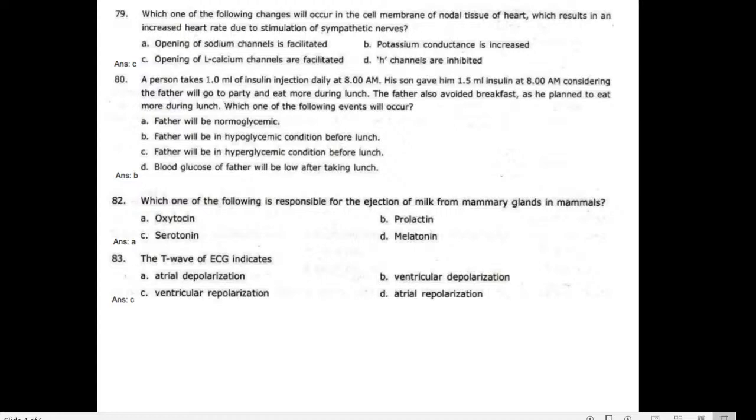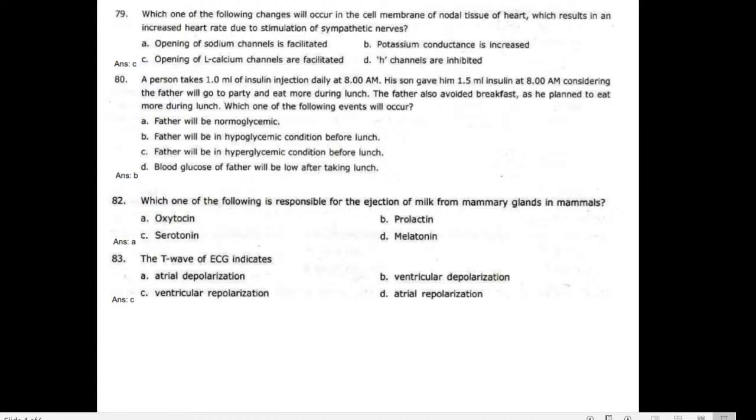Another one is the P wave, that is the depolarization of the left and right atrium. Here the T is ventricular. P waves are representing the right and left atrium, the atrial contractions.